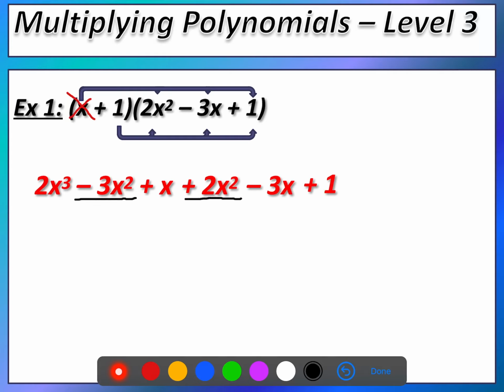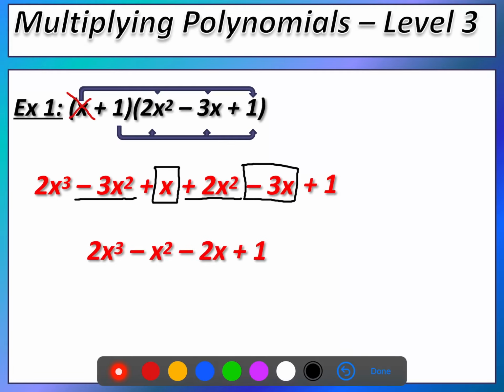So minus 3x squared plus 2x squared, sorry, and then x and negative 3x. Okay, we want to combine our like terms. Remember, you're just combining the coefficients. So negative 3x squared plus 2x squared is negative x squared. Okay, if there's nothing more to combine, then that is our final answer.